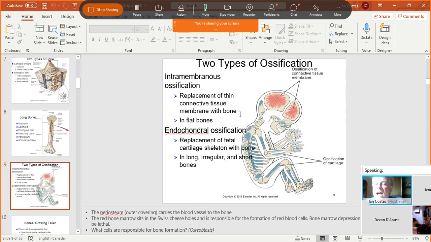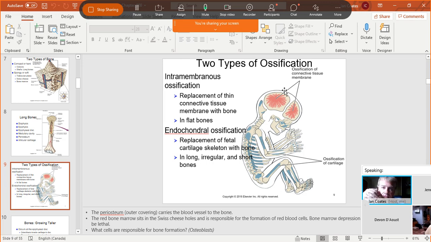There are two kinds of ossification. There's what we call intramembranous ossification. This is kind of like the flat bones of the skull. What happens is eventually over time, they start to make a membrane, and that's how they form.